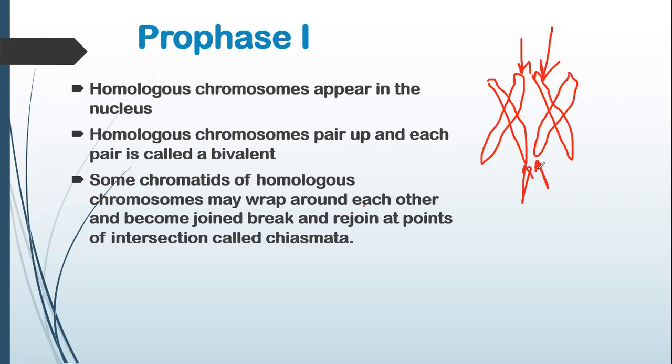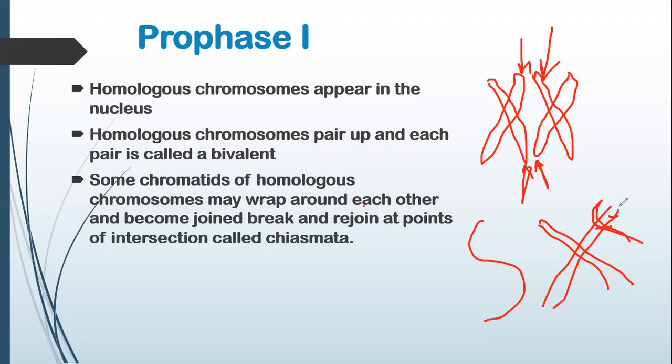Now, in some cases, these non-sister chromatids may wrap against each other, like this, and they form something like a coil. And when they wrap against each other, they may end up crossing each other.